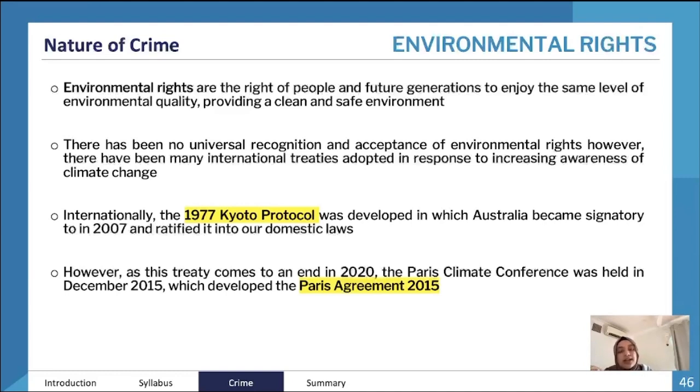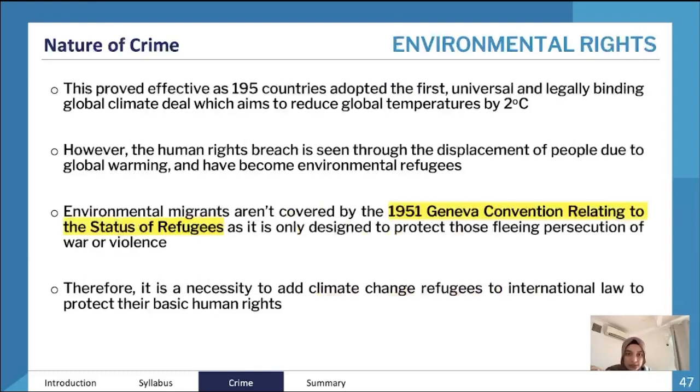So it was monetizing something that was a social cost. This proved effective as 195 countries adopted the first universal and legally binding global climate deal. The Paris Agreement was a big step forward.